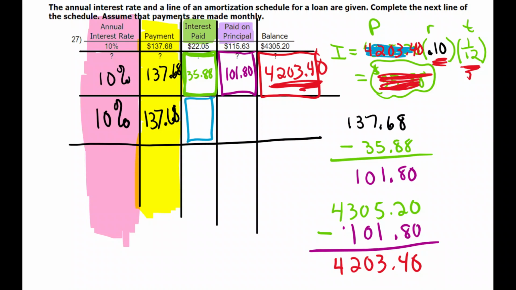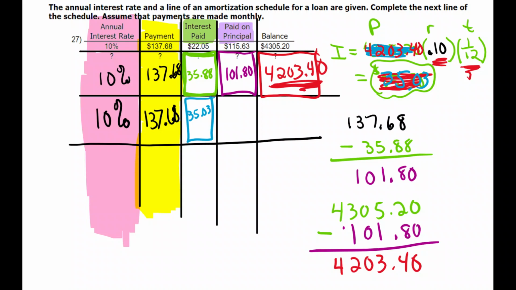Let's see, 4203.40 times 0.10 times 1/12 is $35, and rounding off to the nearest penny, 03. So this is going to be $35.03, which it should be. It should be less than what it was before. It is, not by much, pennies, but you know, like 75 cents.